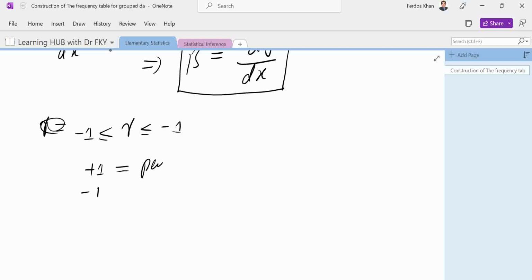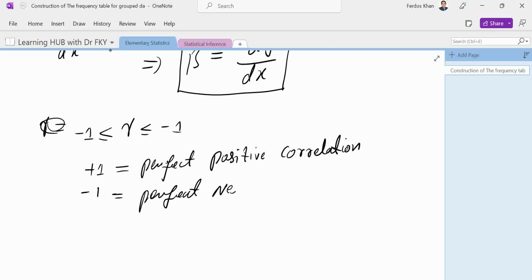Perfect positive correlation, or positive relationship, means that both variables are clearly moving in the same direction. It is not necessary that the two variables are increasing. If two variables are decreasing together, then this is also a positive correlation.